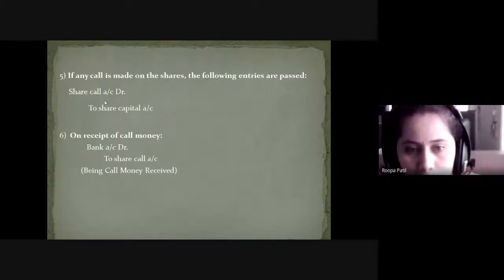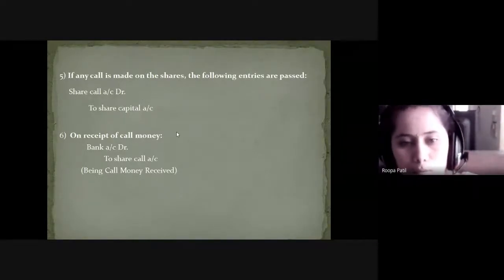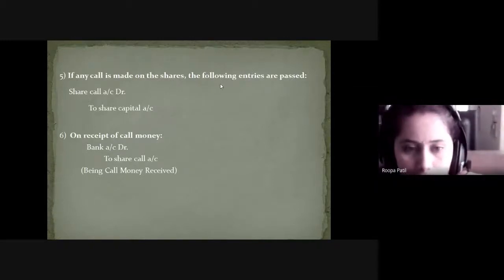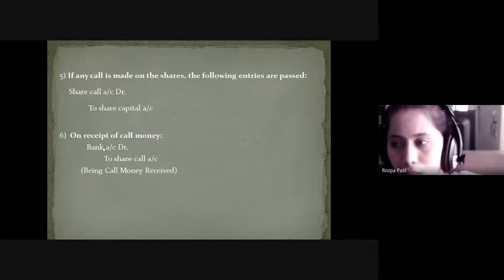Each transaction is split into two entries: receiving, transferring. In total there are three phases: application, allotment and calls. The calls depend on the problems. Right, the first is application.